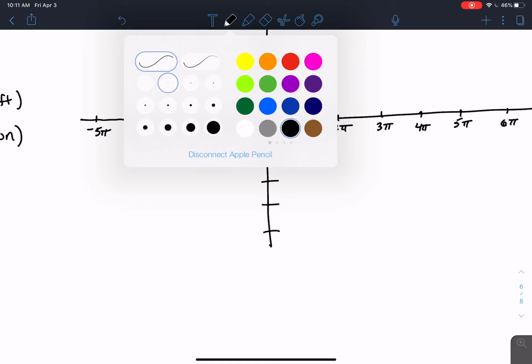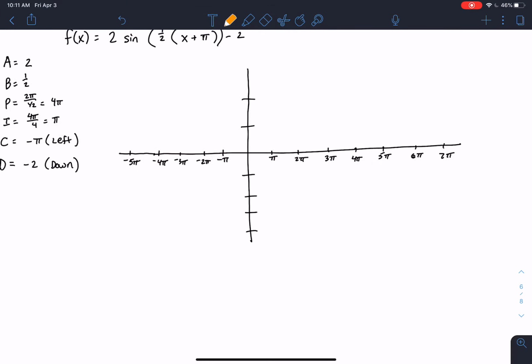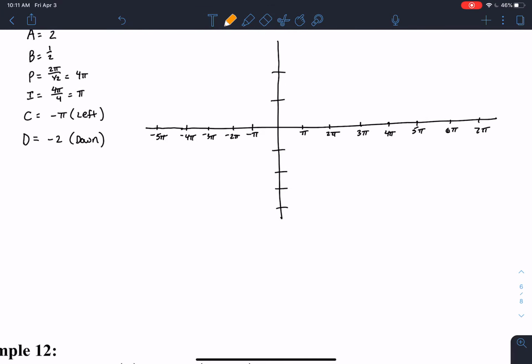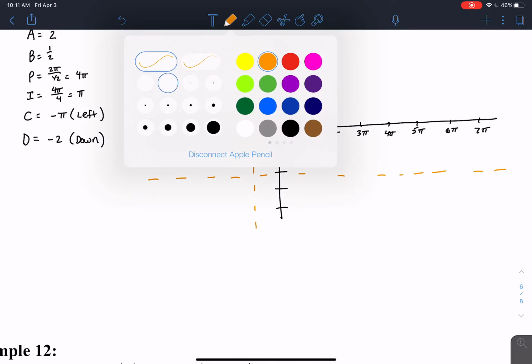All right, so what I'm going to do is I'm going to draw my new principal axis, which is at -2. And then I'm going to draw my new y-axis, which will start at -pi, just to give you guys an idea of where the points should be starting.